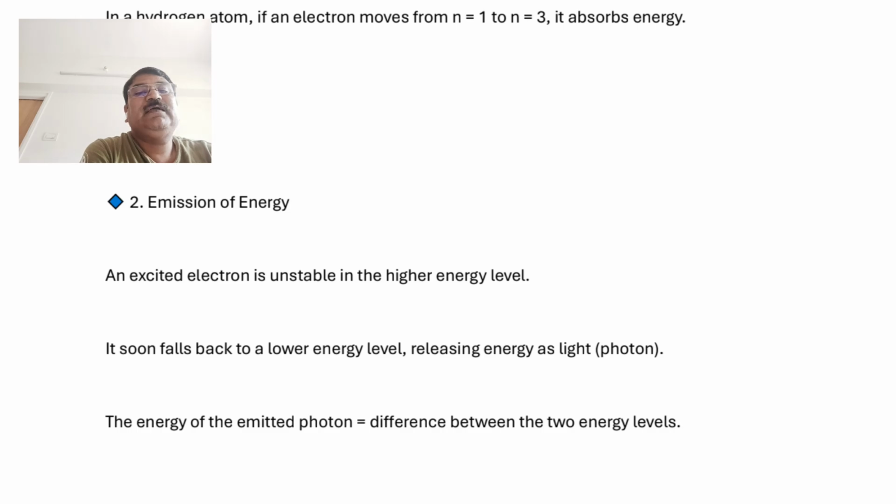And hence the energy of the emitted photon is equal to the energy of emission. How much energy is emitted? It is calculated by the difference between two energy levels.